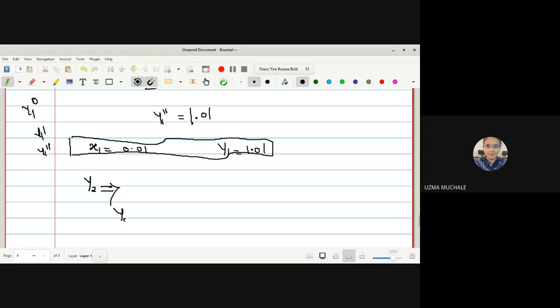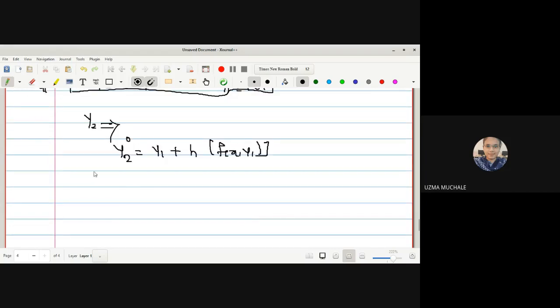For finding y2, first we should find out y2 naught, which first we have to evaluate by using our Euler's method. y1 we have found it is 1.01, plus h is 0.01, x1 square is 0.01 square, plus the value of y1 we have calculated as 1.01, and let me write down y2 naught, it is equal to 1.02.